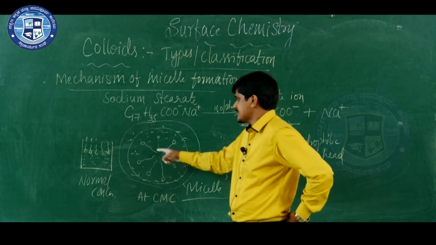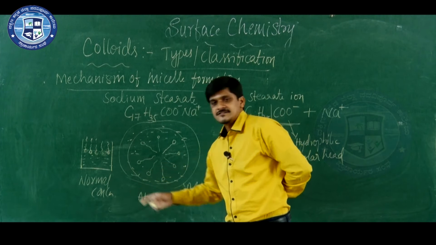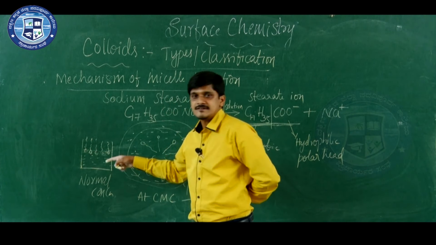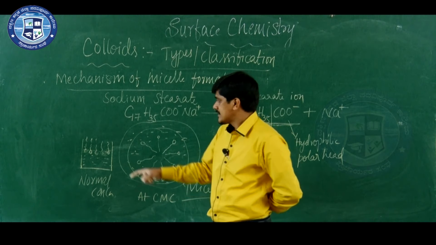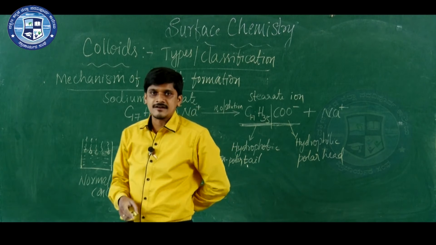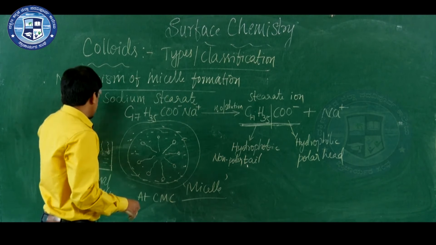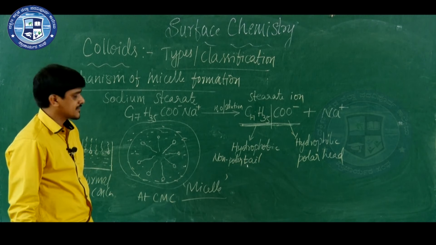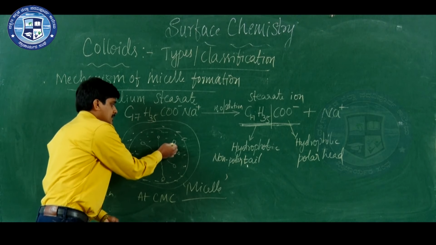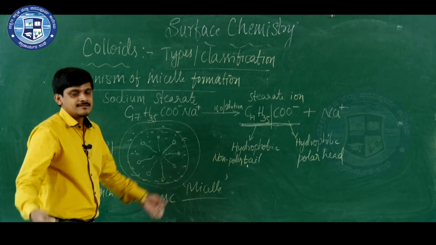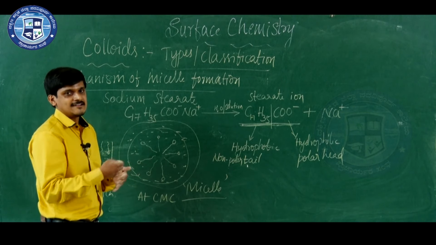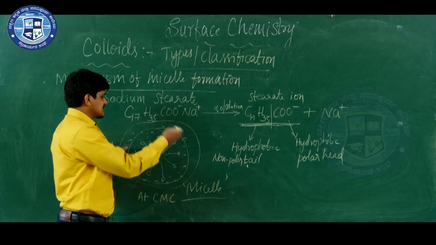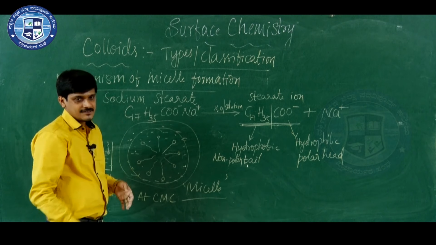So under normal concentrations, the negative part is directed inward in the water and the hydrophobic part is directed outwards, whereas at the critical micelle concentration the hydrophobic tails undergo aggregation to form a spherical structure.